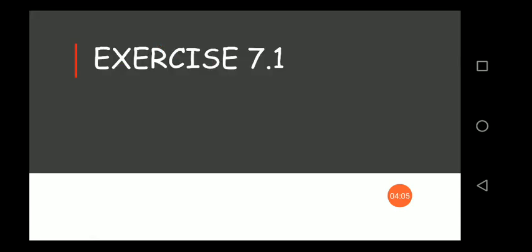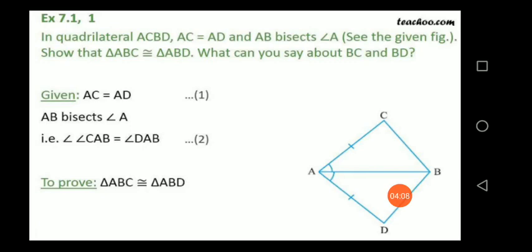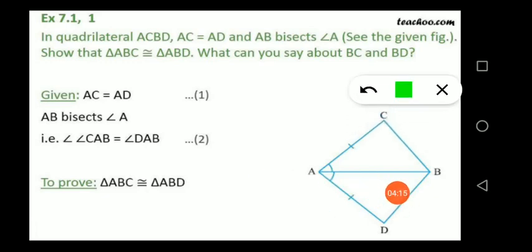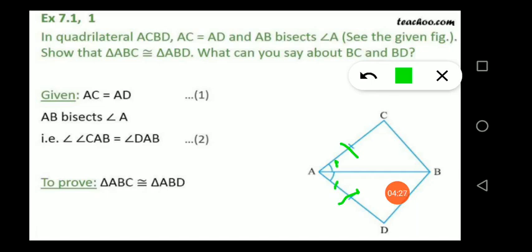Now let's start exercise 7.1. Question number 1 says, we have a quadrilateral ABCD, AC and AD are equal, and AB bisects angle A. Since it is bisecting, and the word itself means dividing into two equal parts, the angles on both sides are equal.